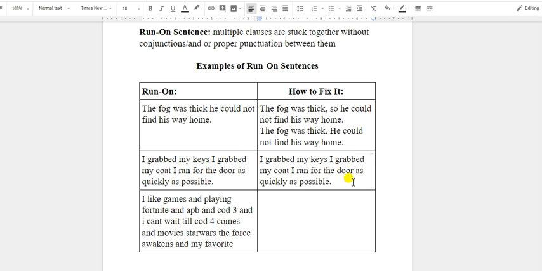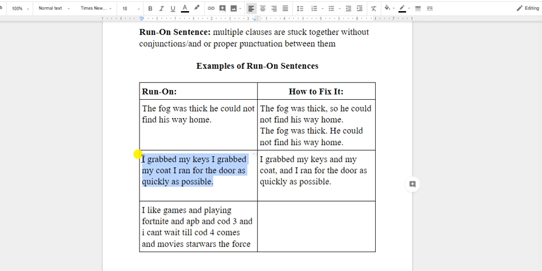There's lots of ways we could fix this. We could say, I grabbed my keys. I could take this out. I could say, I grabbed my keys and my coat, comma, and I ran for the door as quickly as possible. That's one way you could fix it. What else could we do?